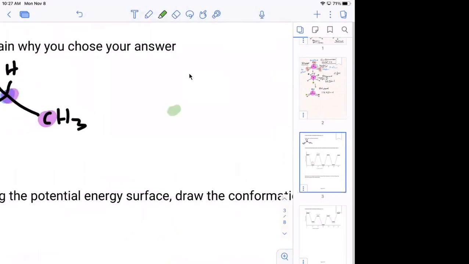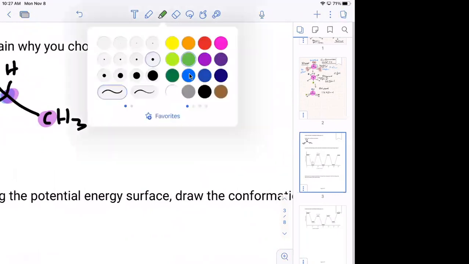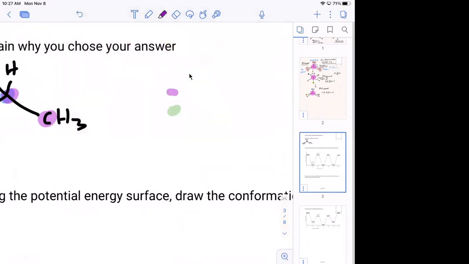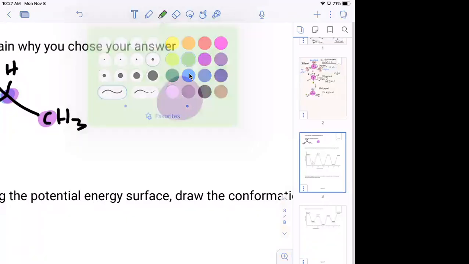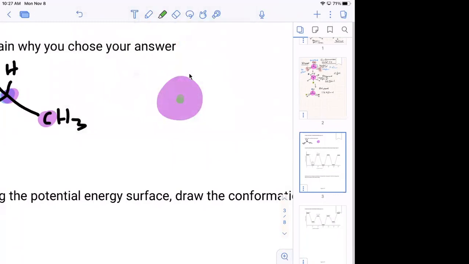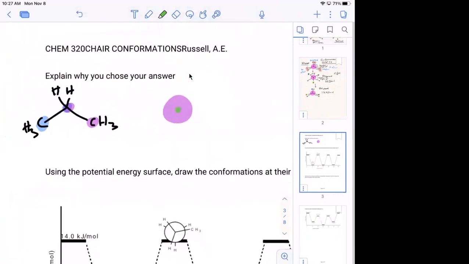So I'm going to make that in green. And then the back carbon, we're going to do a different color. Should have done that in reverse. So that's one of my carbons. And then the other carbon I'm going to do here. All right.